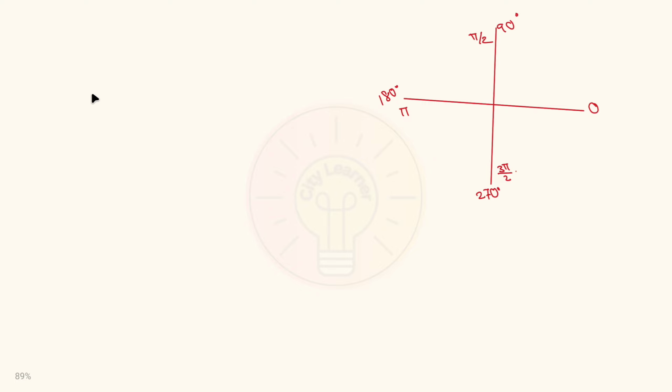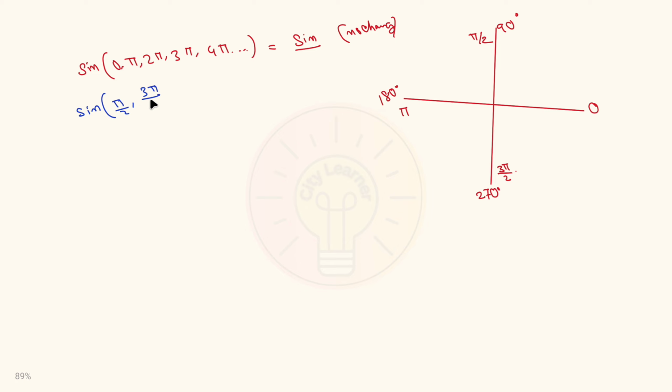So from this line, if any trigonometric angles lie on this x-axis, that means the horizontal line, such as 0 or 180 degrees plus or minus theta, then the function will not change.